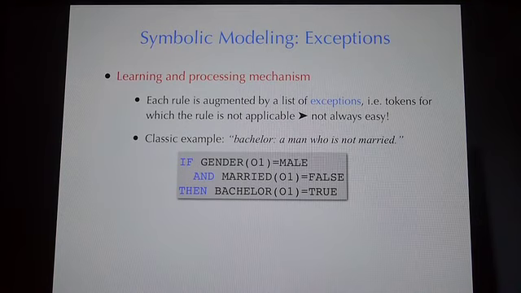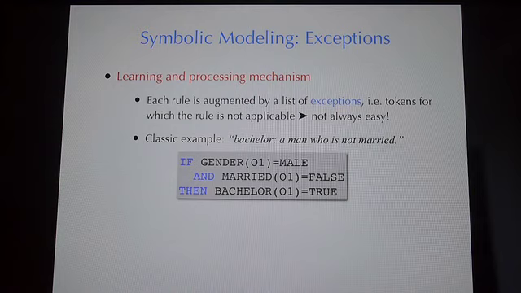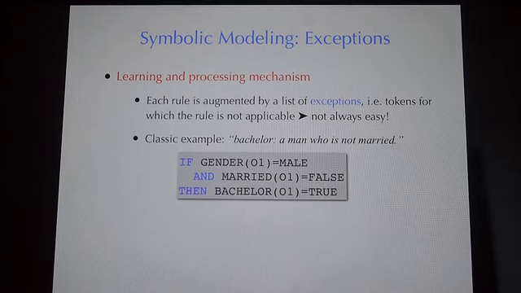If the gender of a symbol or an object is male, and if this object is not married, then you can put it in the category bachelor, or you can decide that the value of the attribute bachelor is true. Basically, it's a translation of that sentence you saw before, bachelors are males who are not married, in a logical form.